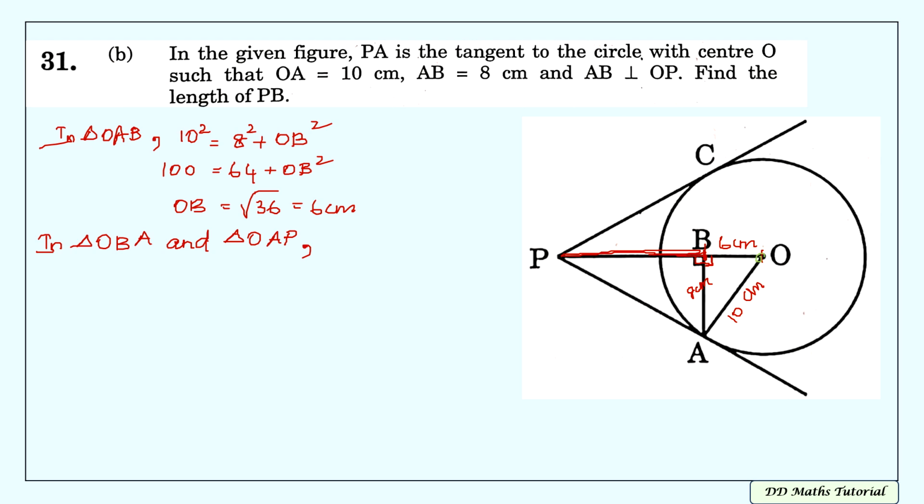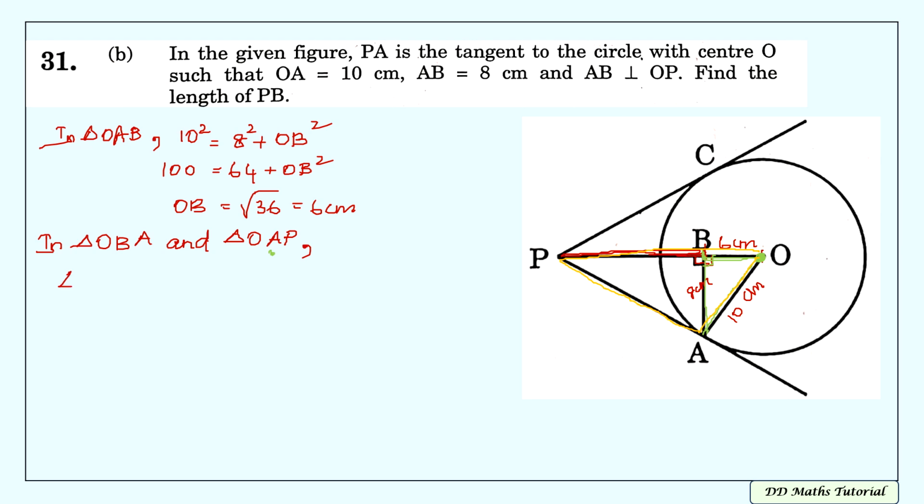So let us see how we are choosing these two triangles in order. O is a common point for both the triangles, that is a common angle for both. In triangle OBA, vertex B has a right angle. The same way vertex A in the other triangle has a right angle. So we have to take it in that order. Let us write that these two triangles are similar using AA criteria.